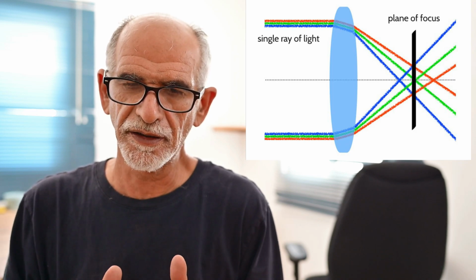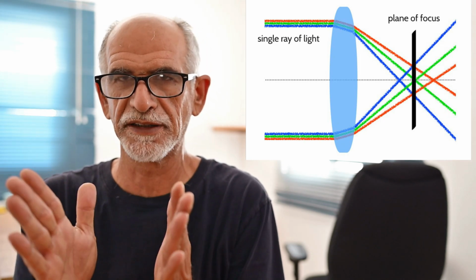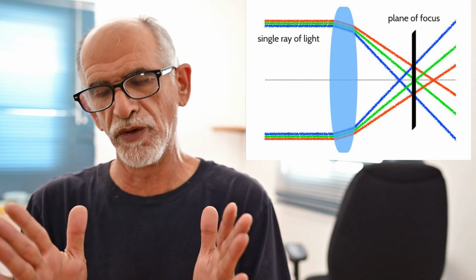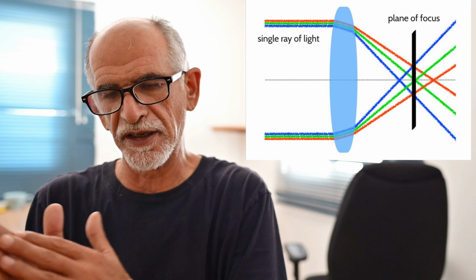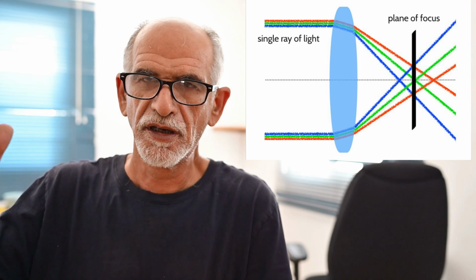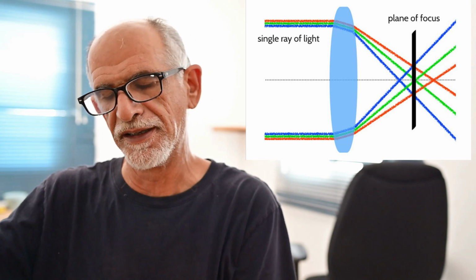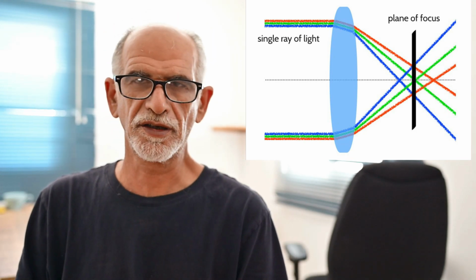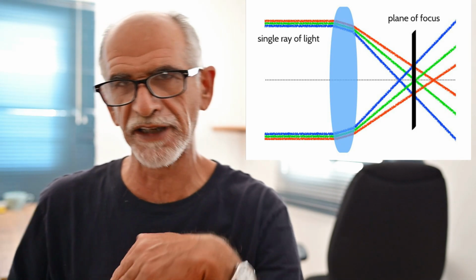So when the light beam passes through the glass, it separates a bit, and we get a rainbow effect, where some of the light is focused closer to the glass or glass element than other parts of the spectrum. This causes what is known as axial chromatic aberration.